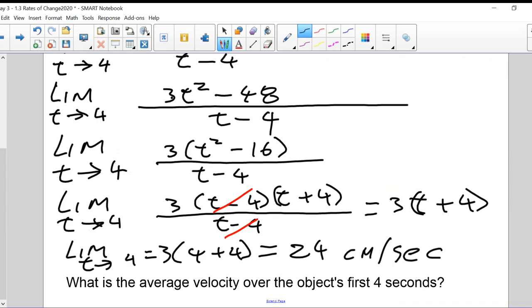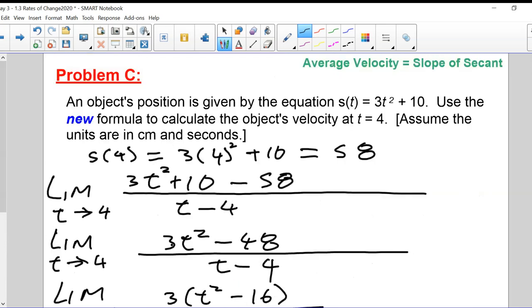So let's just go through the steps again. I want to make sure everybody understands what we did, and the difference between what we're doing now and what we did before. We're taking the whole function, the 3t squared plus 10, plugging that in as our f of x. That is the function. We're minusing the value of the function at the point where we want to find the IROC, which is 58.